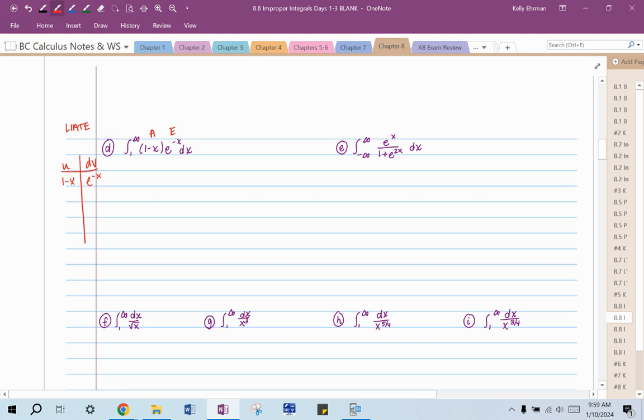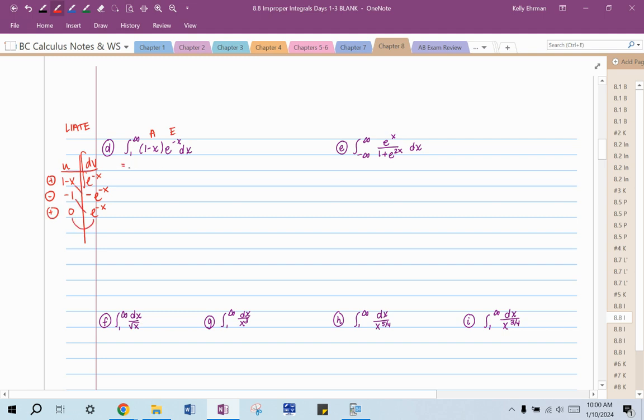Remember that you're taking derivatives of u until you get 0, because that's algebraic, and you're taking integrals as many times. So the integral of e to the negative x is negative e to the negative x. The integral of that is positive e to the negative x. And because the formula is uv minus integral of v du, these plus and minus signs work out correctly. Connect your diagonals.